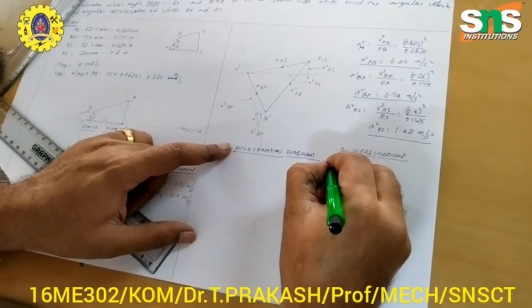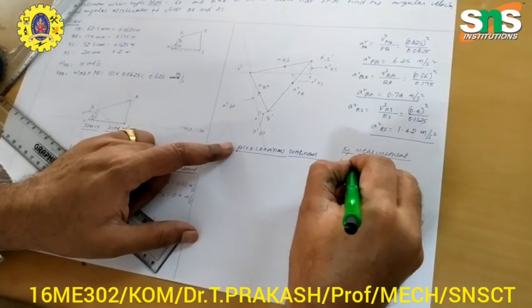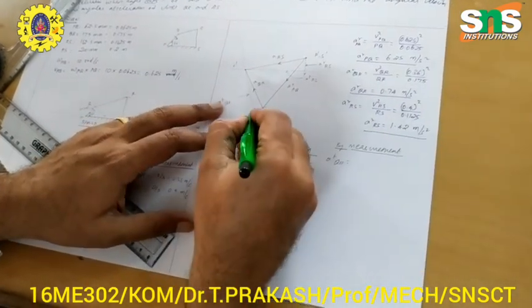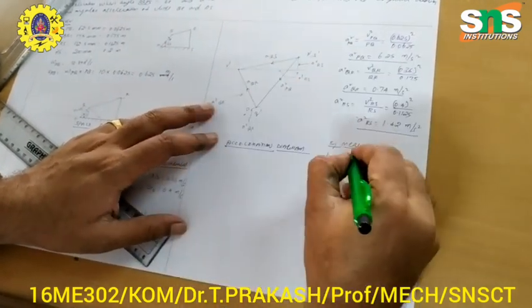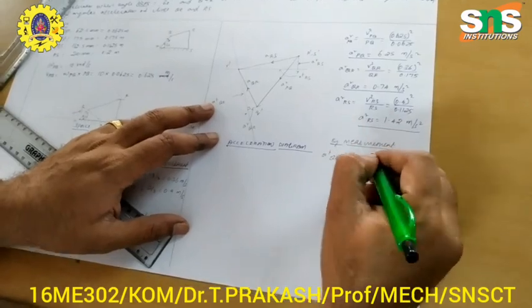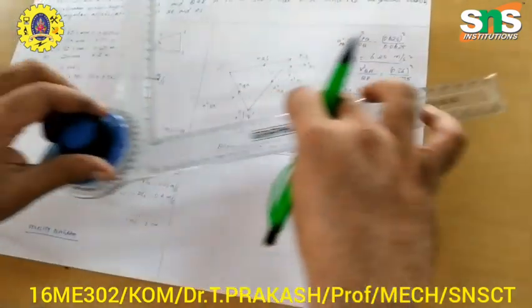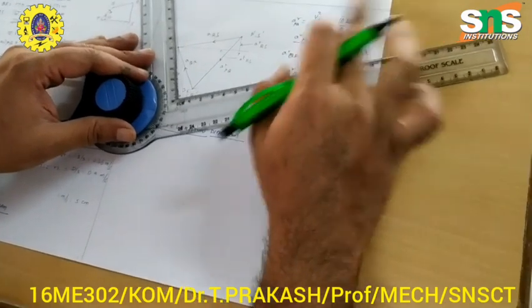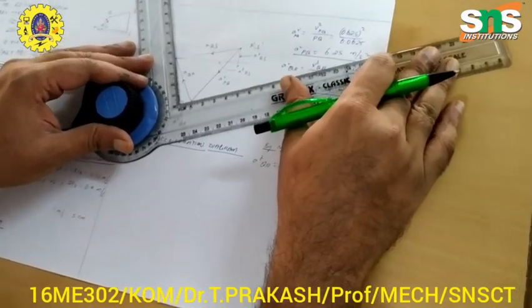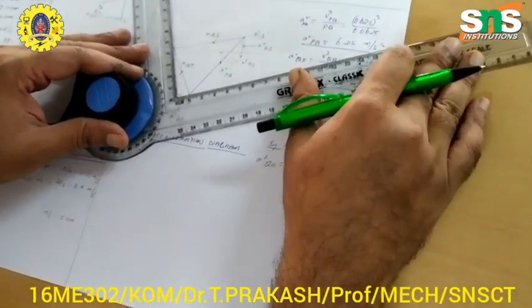First, you measure the tangential component of QR, which is X R dash. We have not taken any scale ratio, just measure in centimeter scale and mark directly.